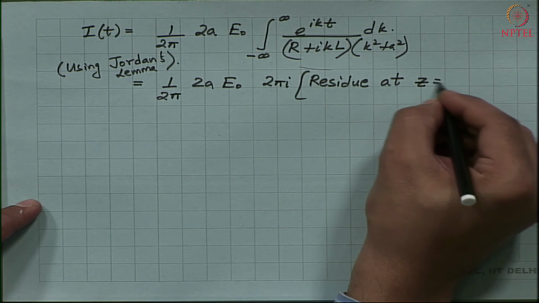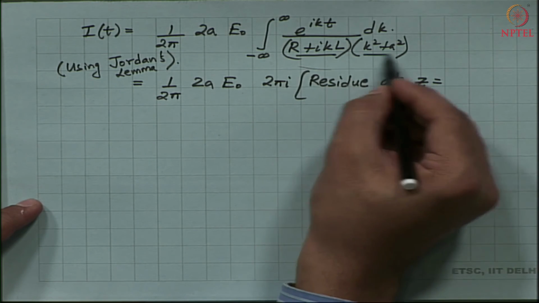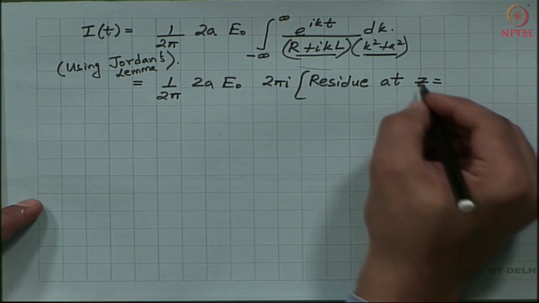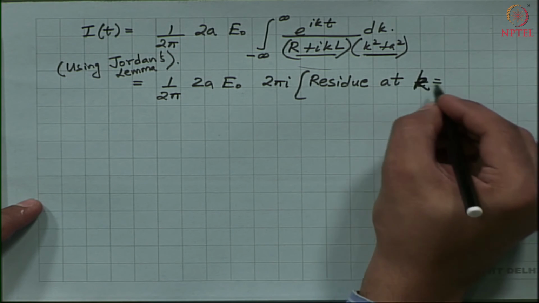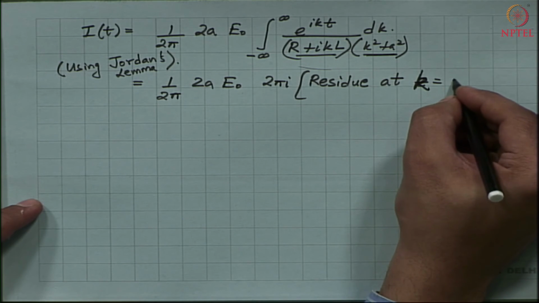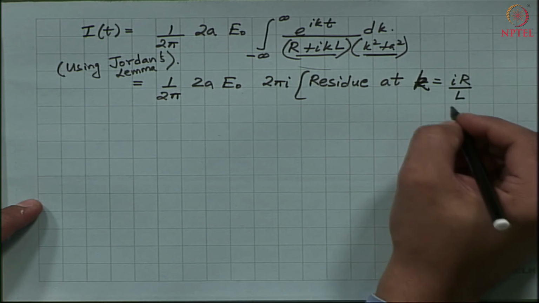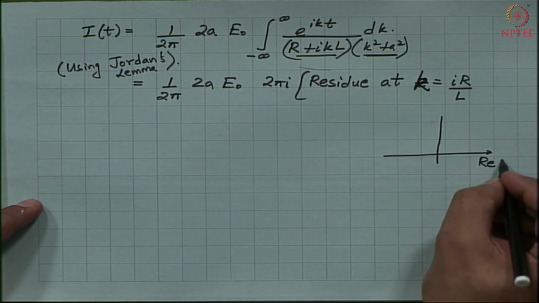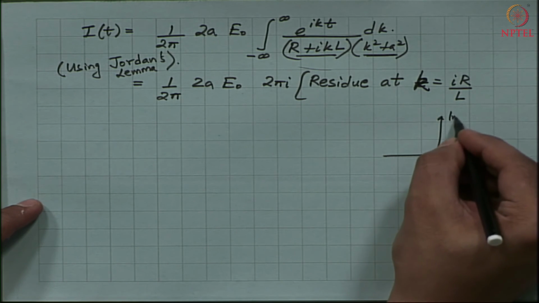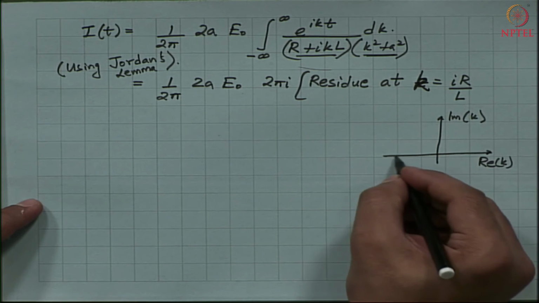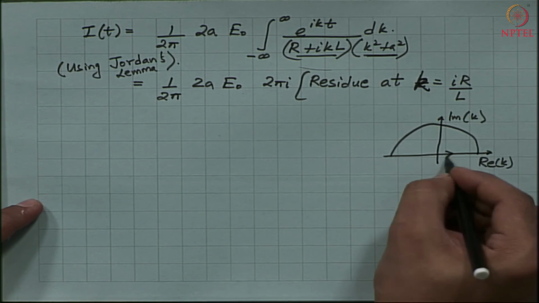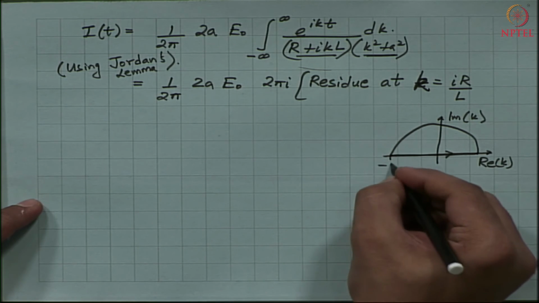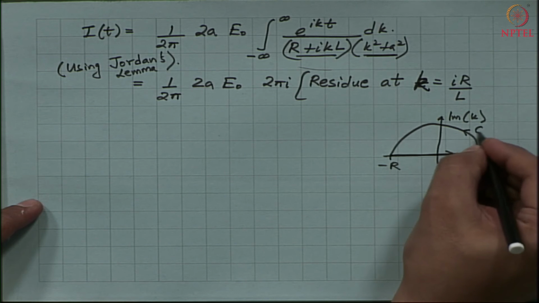at z equals, we can see that there are 3 roots of the denominator. So, I am going to take the residue at, well, in our case z is k. So, k equals ir by L. Again, let me draw the diagram here. So, I have real k, imaginary k here, and the contour I am talking about is the following. So, this is the integral that I have from minus R to R, and this is my curve C_R.